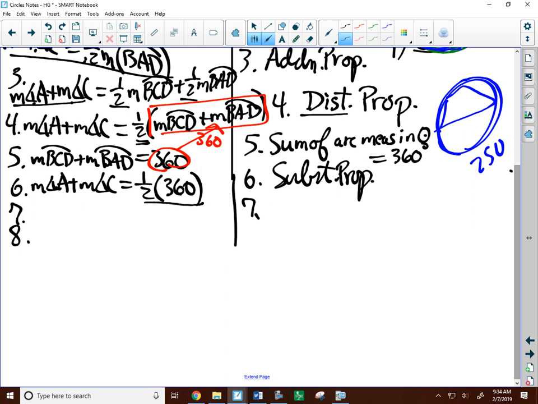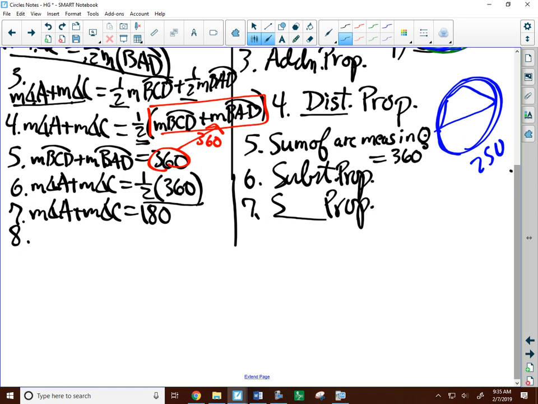So finally, I'm just going to put half 360, and that's 180. So measure of angle A plus measure of angle C equals 180. What about that? What property just simplifies that? Substitution.